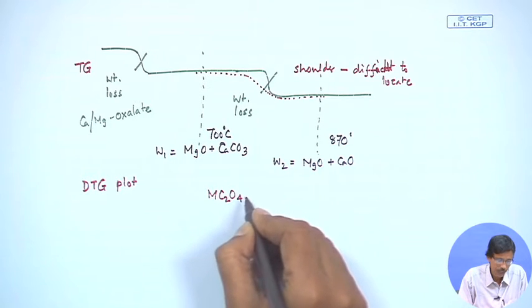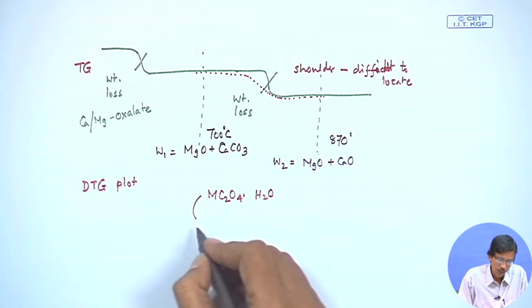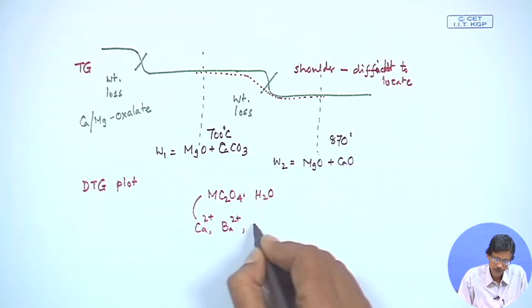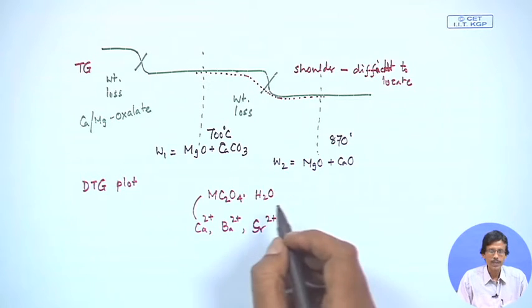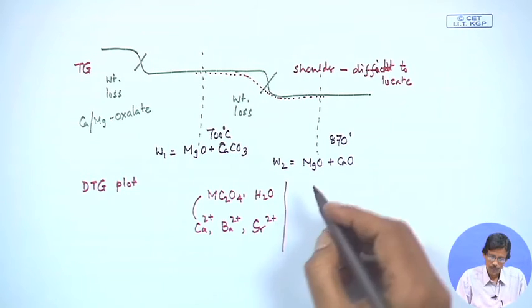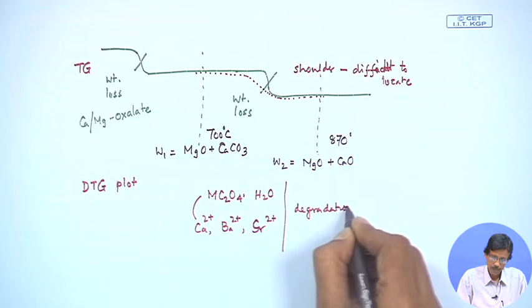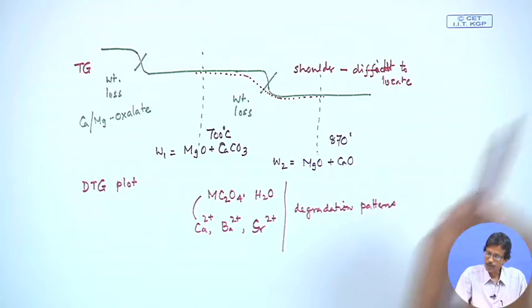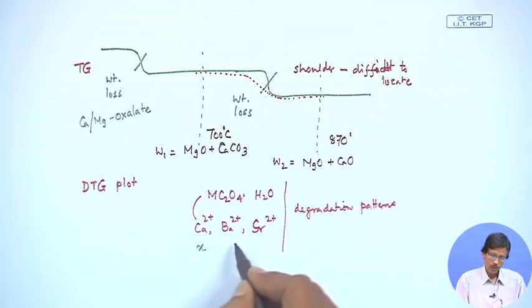It can be a mixture with a certain number of waters of crystallization, for different other oxalates like calcium oxalates or barium oxalates or strontium oxalates, and their decomposition pattern or degradation pattern.